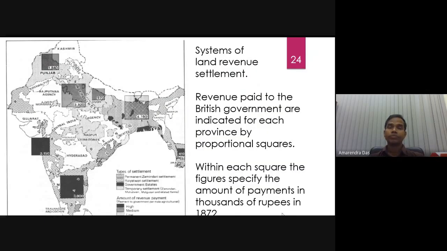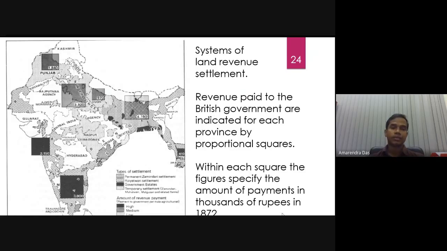And if you see the system of land revenue in a single map, what was the land tenure system in the entire India, this map presents the scenario of how in different parts of India we had different settlements. We see that the crossed lines show the permanent Zamindari settlement that was there in the Bengal presidency, and in some part of Madras, but mostly in the Bengal presidency.